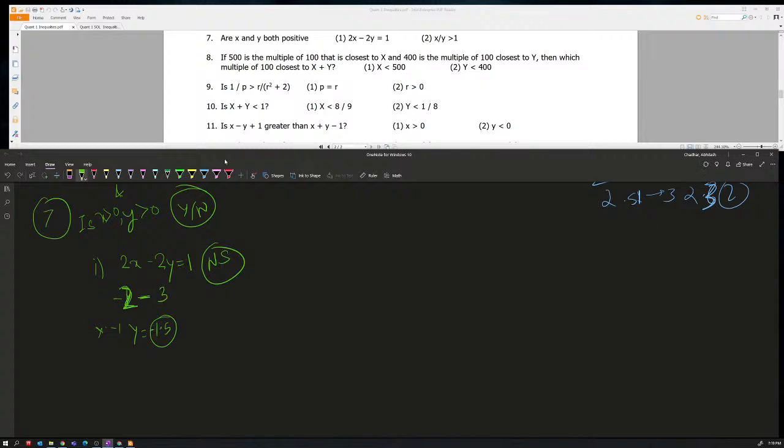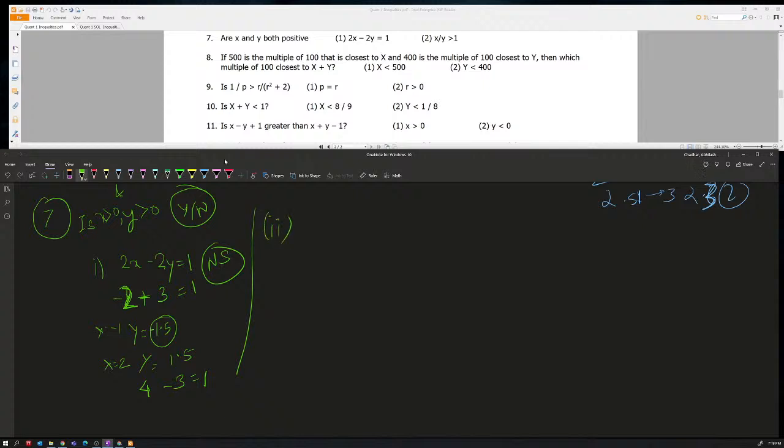So this is when x is negative, y is negative. Let's say now positive. I take x is equal to 2 and y is equal to 1.5. So -3 becomes 4, and this becomes 1. That's why I think it's not sufficient.